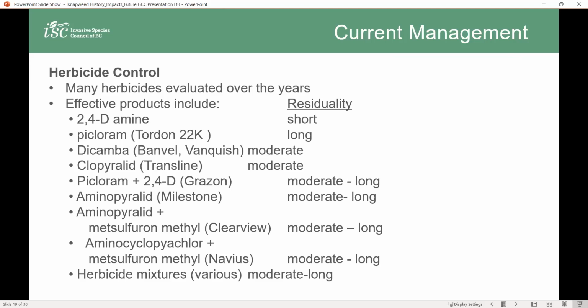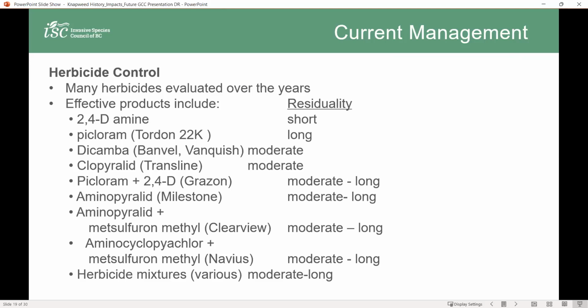Knapweed seeds, we did some research on burying knapweed seeds back in the 80s. After 14 years of burial, we were still getting 25% germination of knapweed seed. That's a long period of time for a seed to stay viable. So residual herbicides are really important when we're dealing with knapweed control using chemical means.